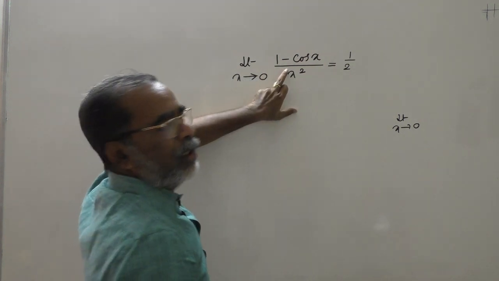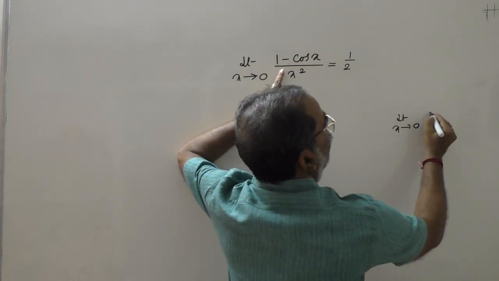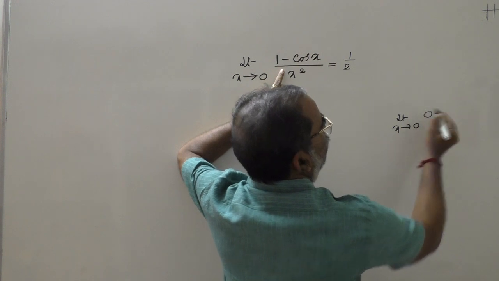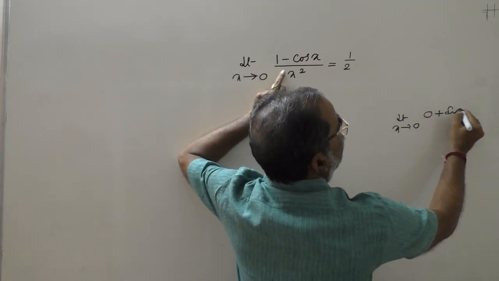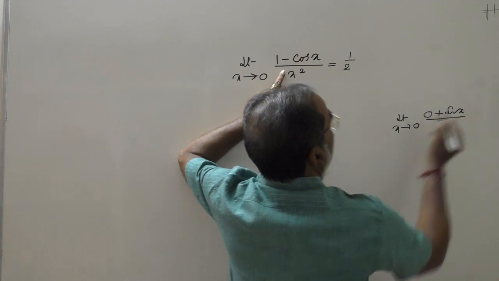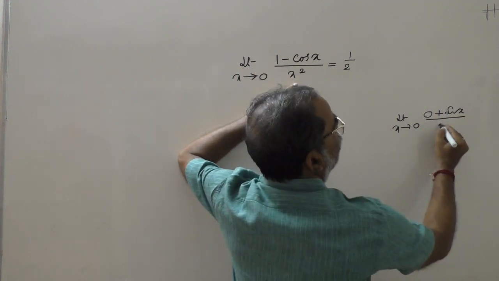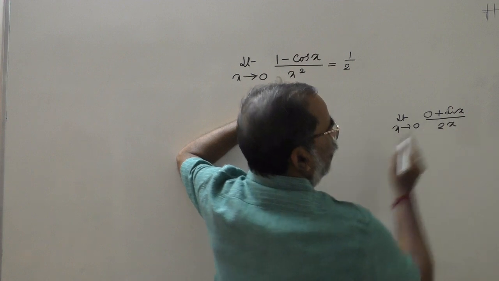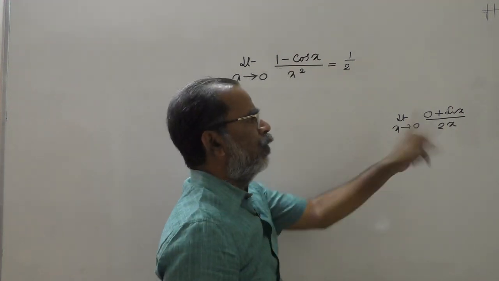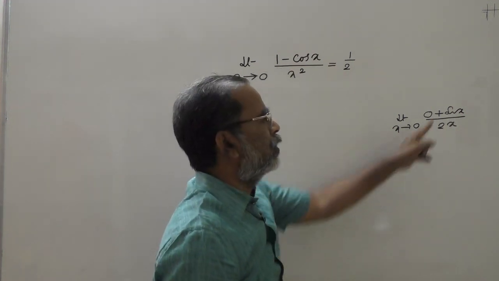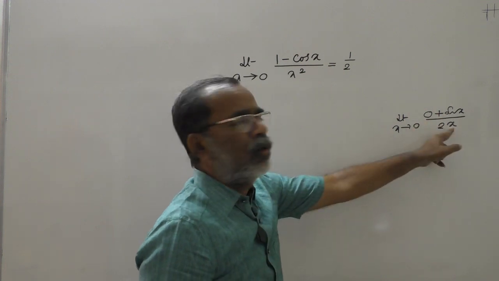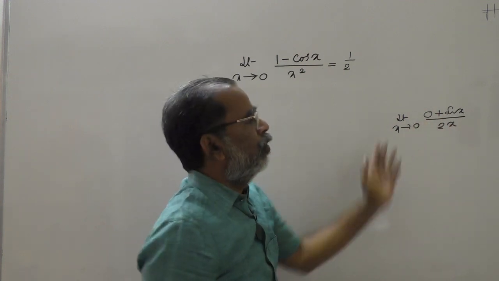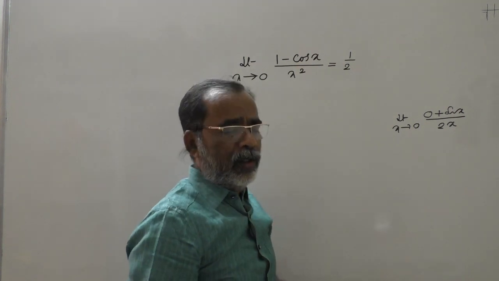Differentiating the numerator: the derivative of the constant 1 is 0, and minus cos x has derivative minus sin x. Divided by the derivative of the denominator, which is 2x. If you write the limit directly, it is still 0 by 0: sin 0 is 0, 2 into 0 is 0.